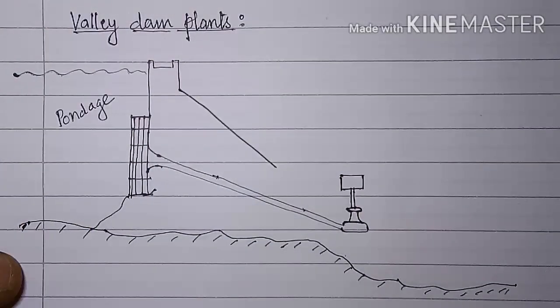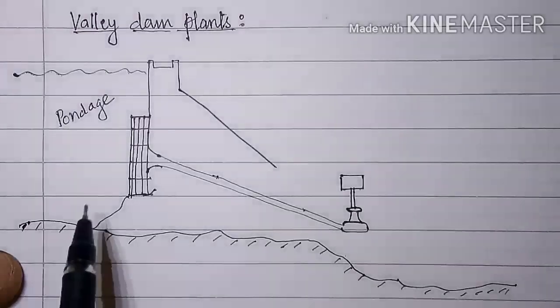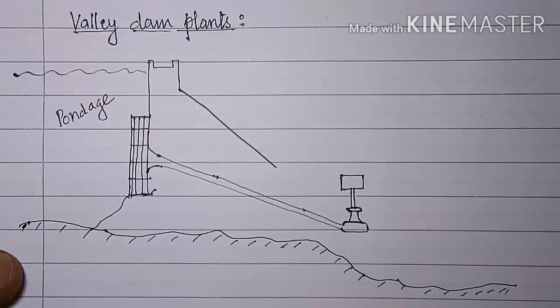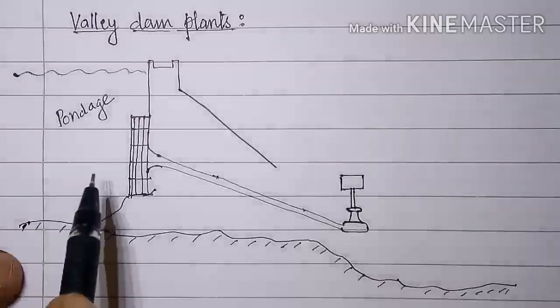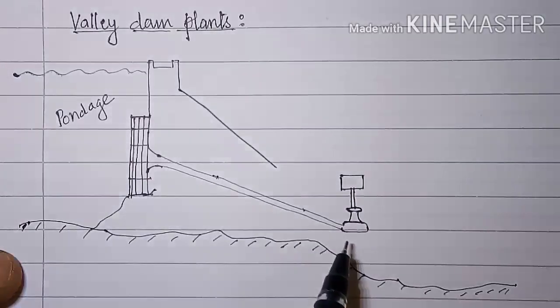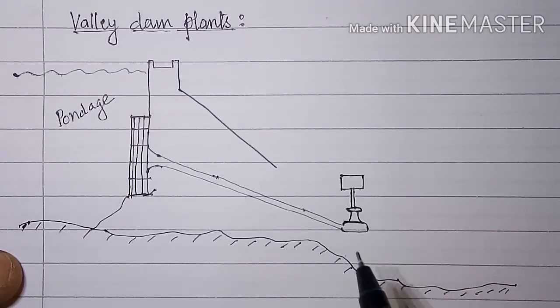In the river water, there may be any floating matter like wood pieces, metal pieces, small sized stones, etc. If they go into the turbine along with the flow of water, they will damage the turbine.